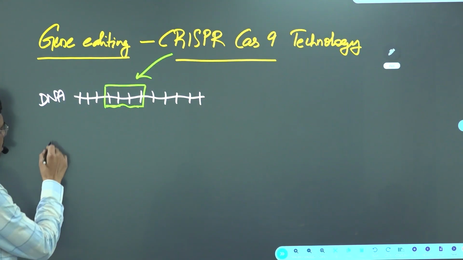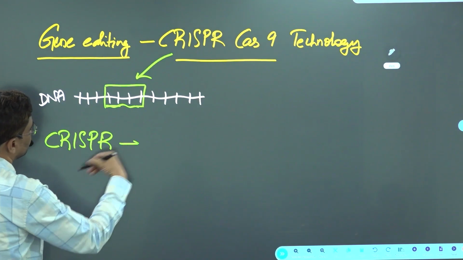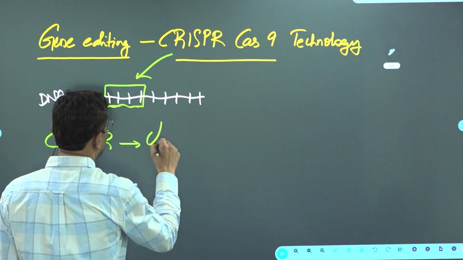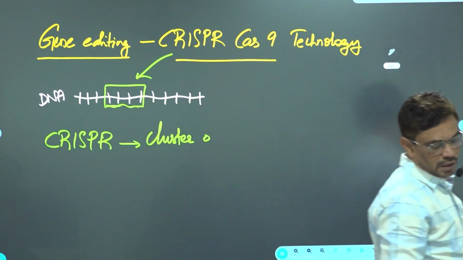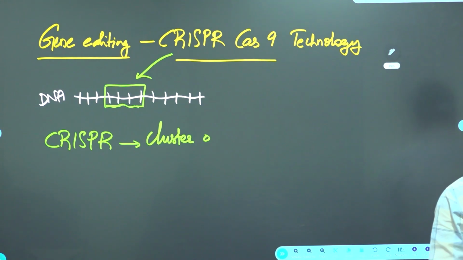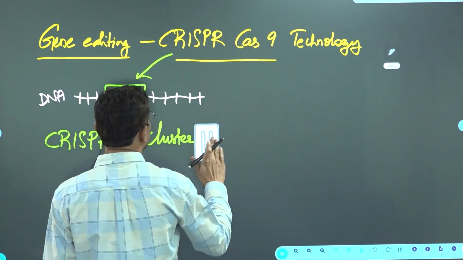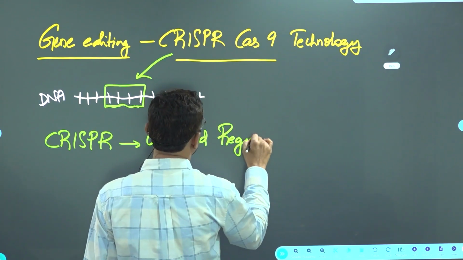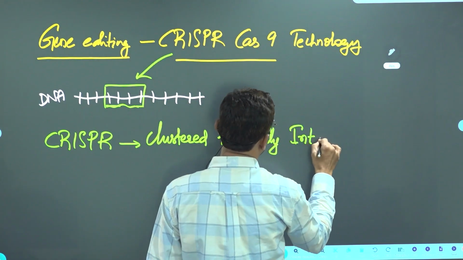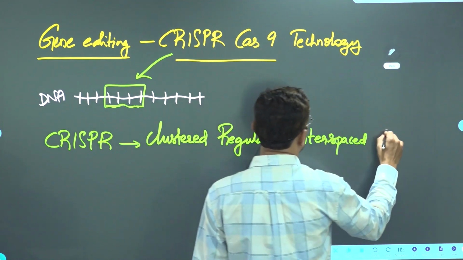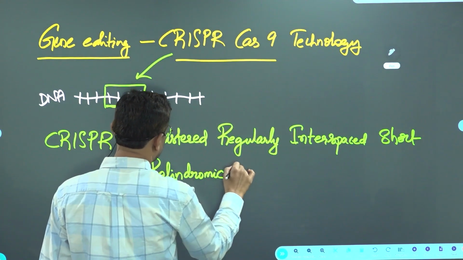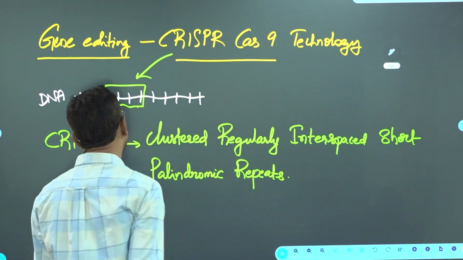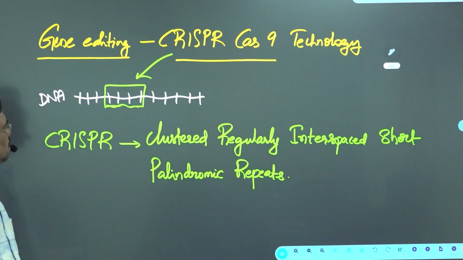What is that CRISPR-Cas9? You have to remember this abbreviation. CRISPR means clustered, regularly interspaced, short, palindromic repeats.